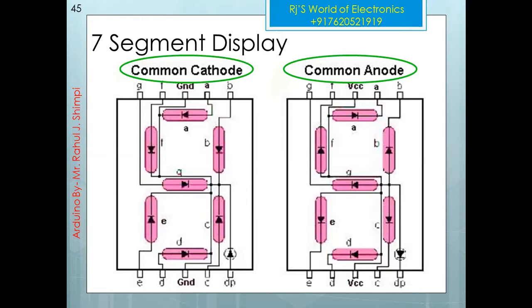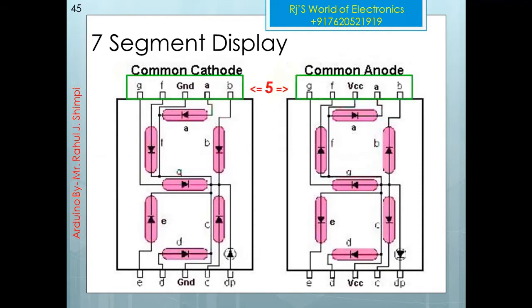Let us see the pin description of the display. It has 10 pins. At the top side there are 5 pins and at the bottom side there are 5 pins. The middle pin is the common pin. At the top side from left to right, the first pin is G segment, then F segment, then the middle one is the common pin, then A segment and then B segment.